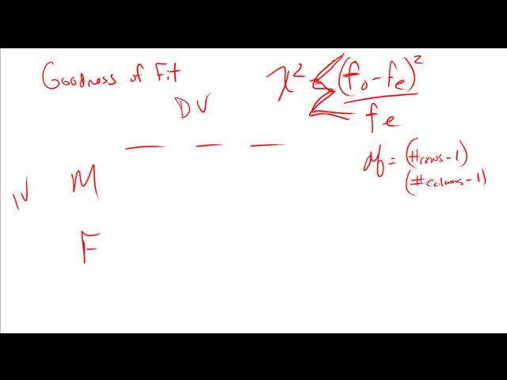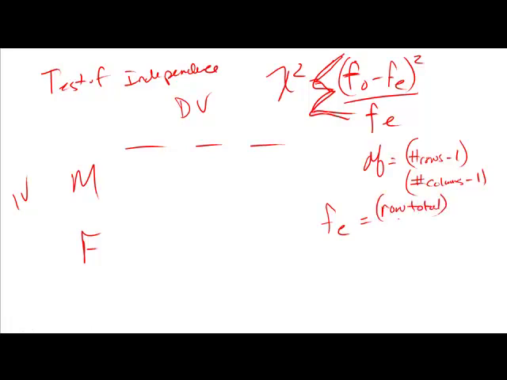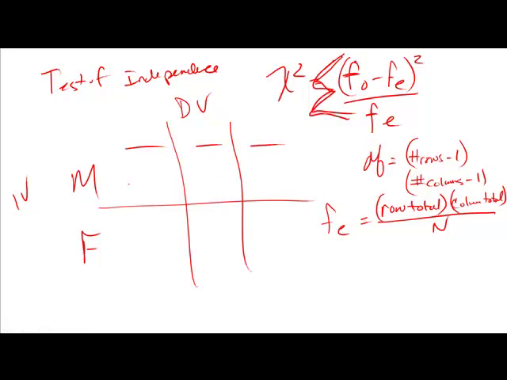And the frequency expected, instead of just taking the total n and dividing it by the number of groups like you would for the goodness of fit test, for the test of independence, the frequency expected is the row total times the column total divided by n. So when you're thinking about your cells, this is row 1, column 1, row 1, column 2, row 1, column 3.